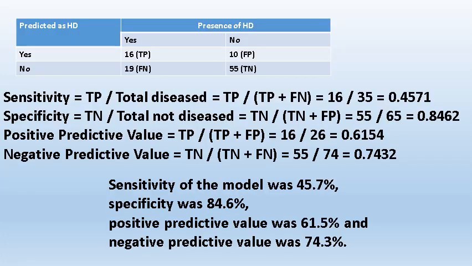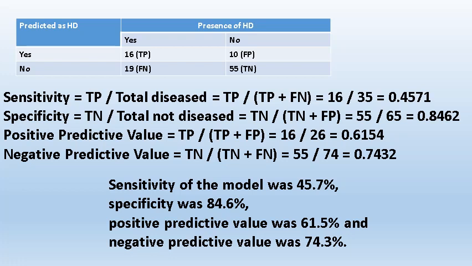So, from this classification table, you can draw a table which corresponds to sensitivity and specificity. So, predicted as heart disease and the presence of heart disease. Predicted as heart disease, yes, 16 plus 10, 26 are predicted as heart disease and out of them 16 are actually having heart disease.